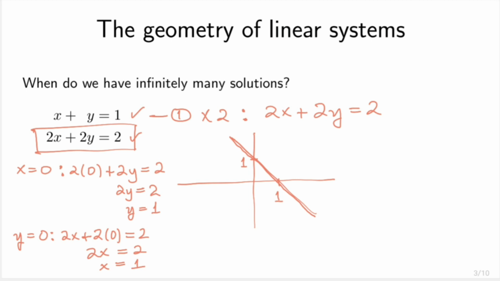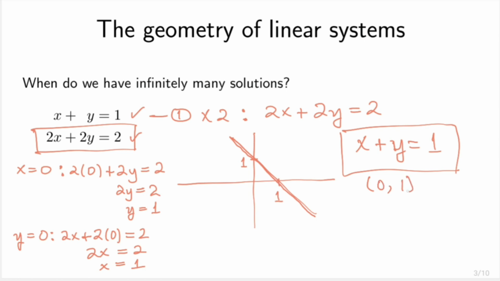So every point on this line is a solution. That's what it means. Or put another way, whenever we have x and y such that x plus y equals 1, we have a solution. So (0, 1) is a solution because 0 plus 1 is equal to 1. Any two numbers that add to 1 are a solution. So we can have 1/3, 2/3.